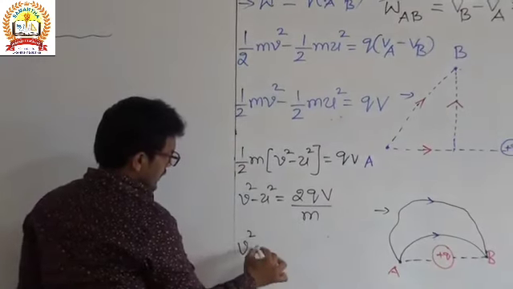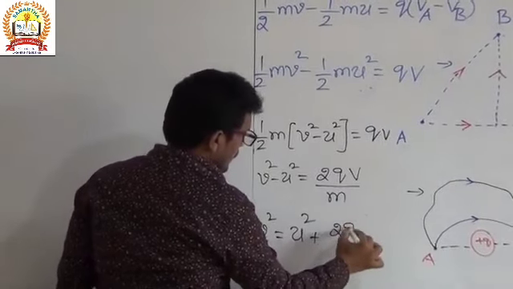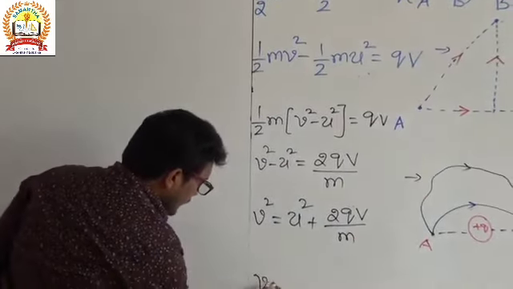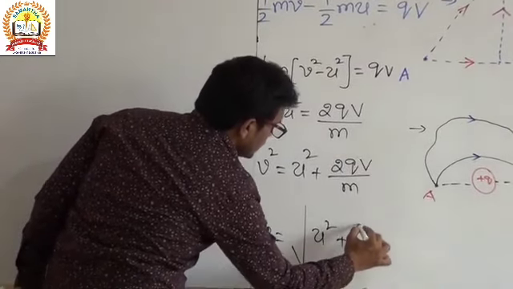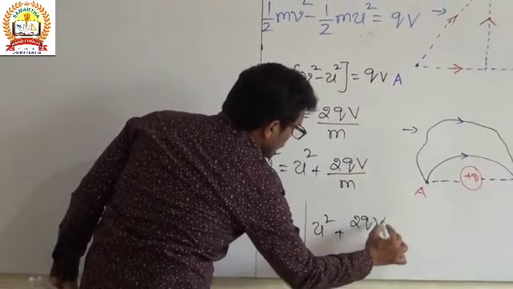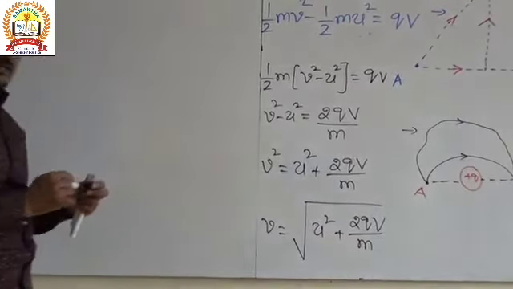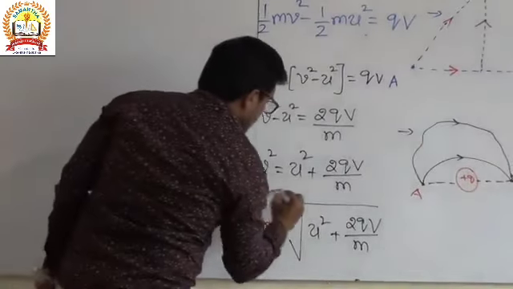Then v square is equal to u square plus 2qV divided by m. Then v is equal to root over u square plus 2qV divided by m, and this will be the velocity of the charged particle when it is accelerating.